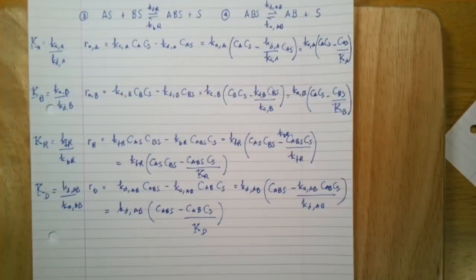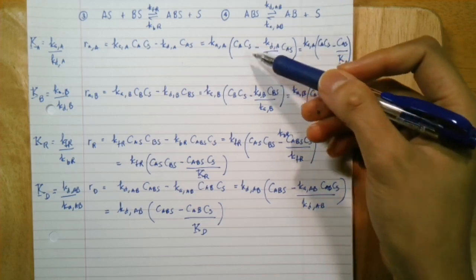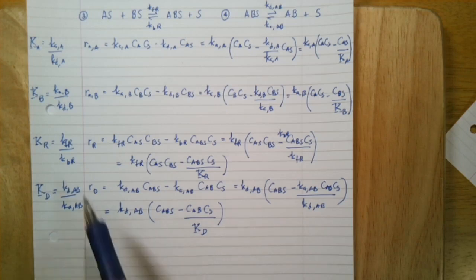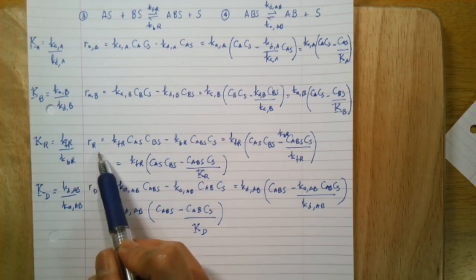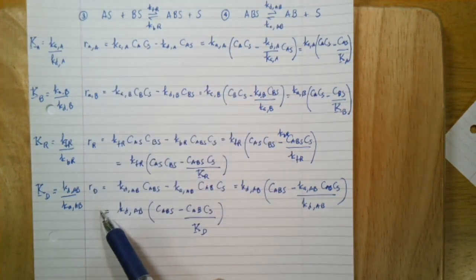We can see that the rates all involve surface concentrations. So we have CAS, CBS, CABS, and CS, which are very difficult to measure. We would rather relate them all to fluid concentrations or partial pressures. To do that, let's use the assumptions from the Langmuir-Hinshelwood mechanism, which states that the rate of surface reaction is low compared to the rates of adsorption and desorption.